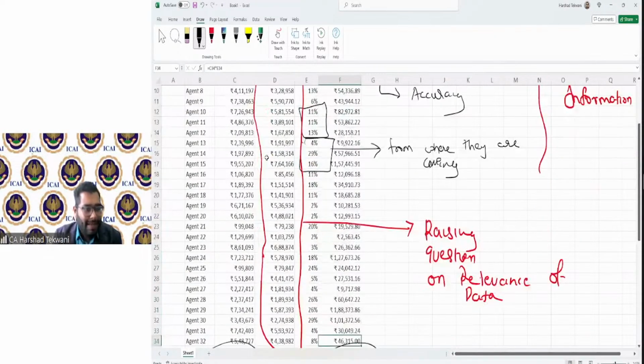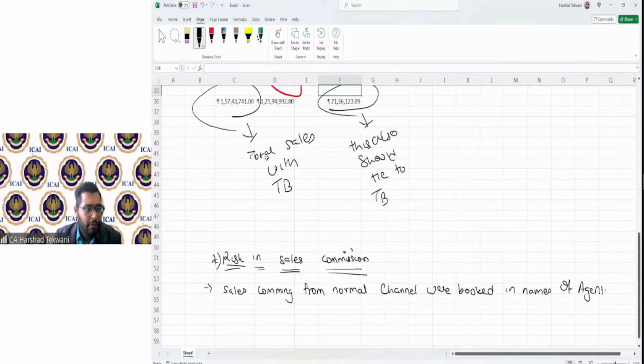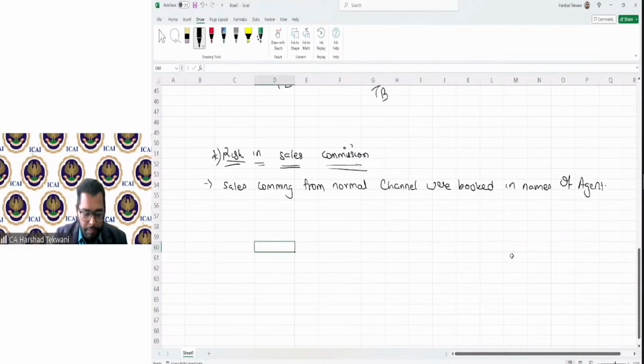Okay. Let's say the total sales commission for the year is this much amount, 21 lakhs. I'll give you some comparative numbers: current year and last year, sales and sales commission.